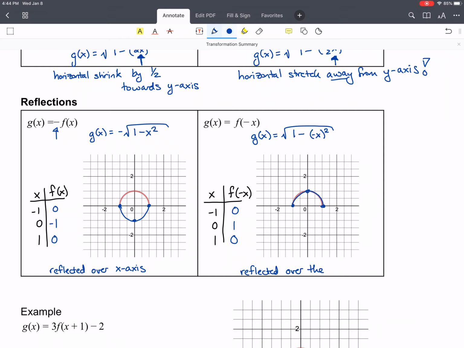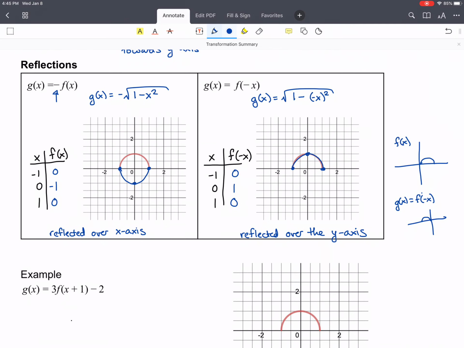So if this graph hadn't been symmetric over the y-axis, then you would have seen something change. So, for example, if I had started with this graph, and this was f of x, then g of x, looking like f of -x, would then look like this graph. So it's a reflection over the y-axis.